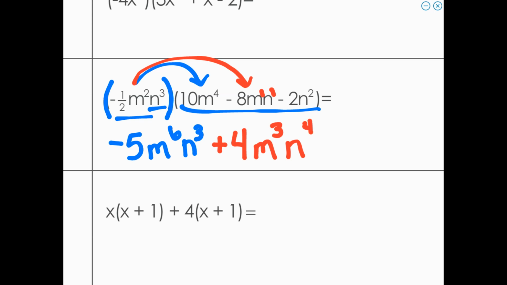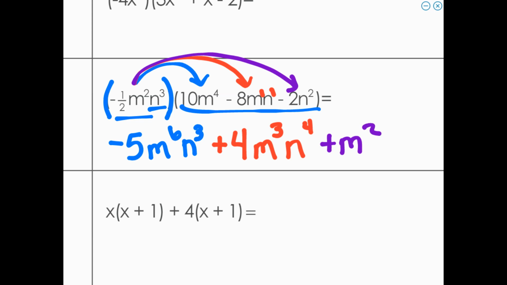Okay, and then lastly, we've got negative 1/2 times negative 2. Positive 1. Okay, and M squared times N squared. Oh, that doesn't change, right? So that's still M squared.